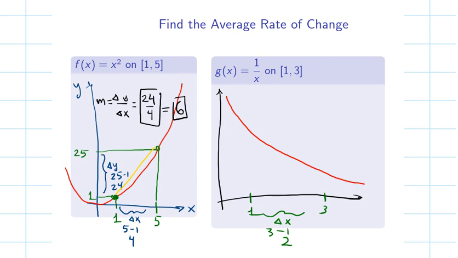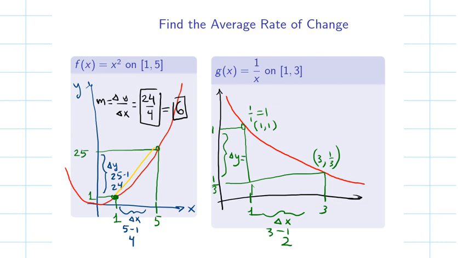Let's get the y values. So over here, 1 over 1 is 1, so this point is 1 comma 1. And over here, if I put in 3, I get 1/3, so the y value is 1/3.